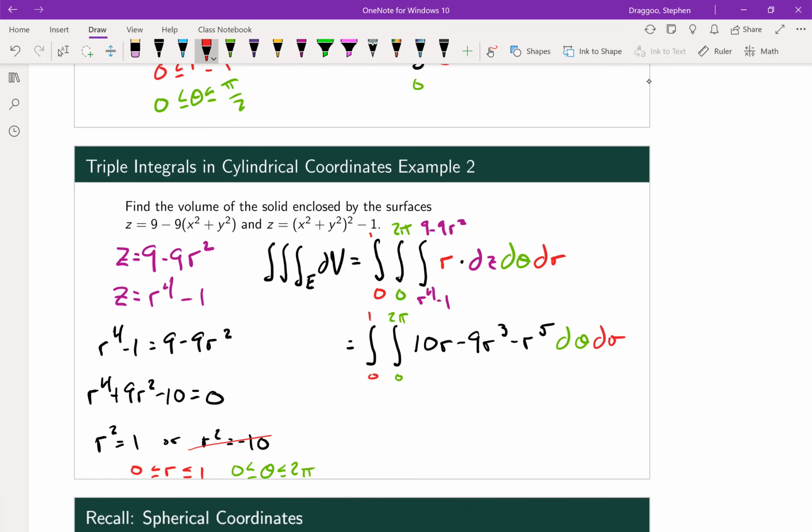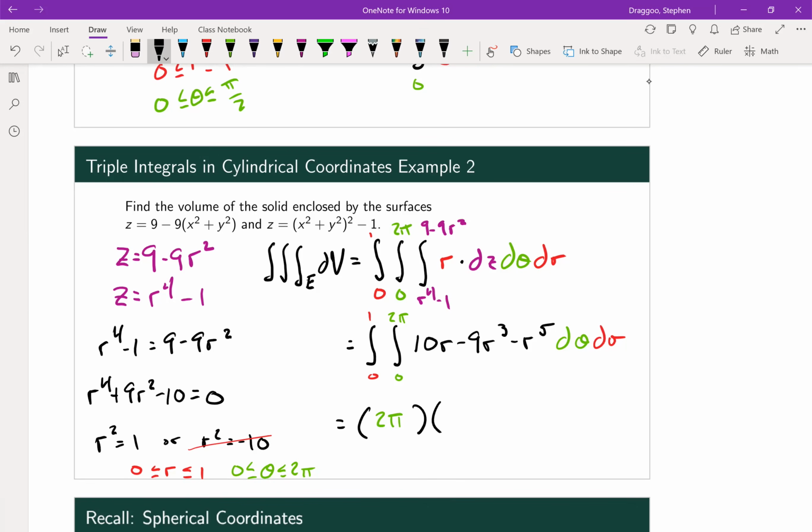And then this function of r and theta is separable into a function of r times a function of theta. That function of theta is going to be just 1 d theta, which makes it nice. So we can separate this thing out into a theta integral multiplied by an r integral. If we integrate d theta from 0 to 2 pi, we will get 2 pi.